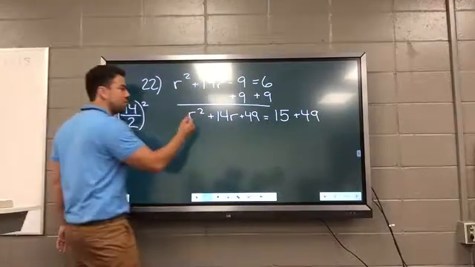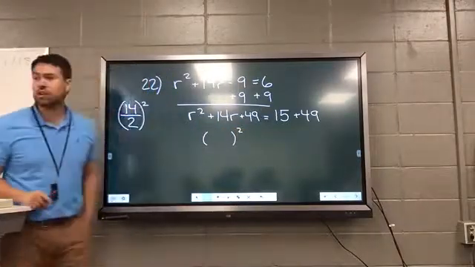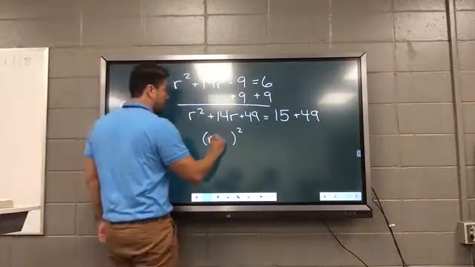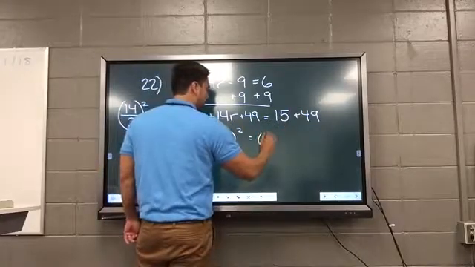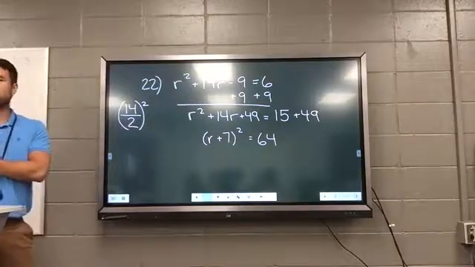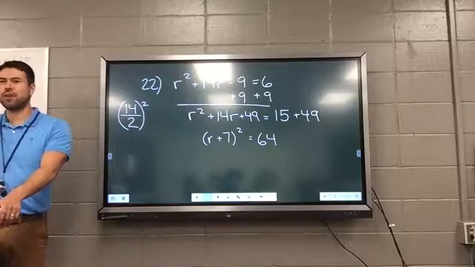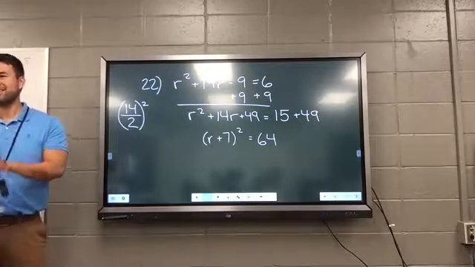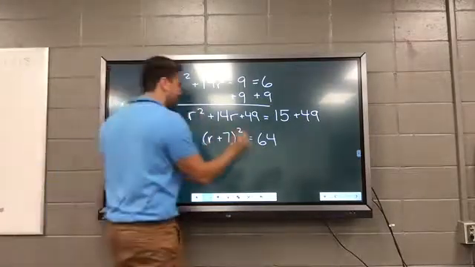Okay, can anyone factor this guy out? What's r squared plus 14r plus 49 factored? r plus 7 squared equals 64. Interesting. I like 64 because it should trigger in you what? It's just you start thinking I could get the perfect square. Okay, hold on.